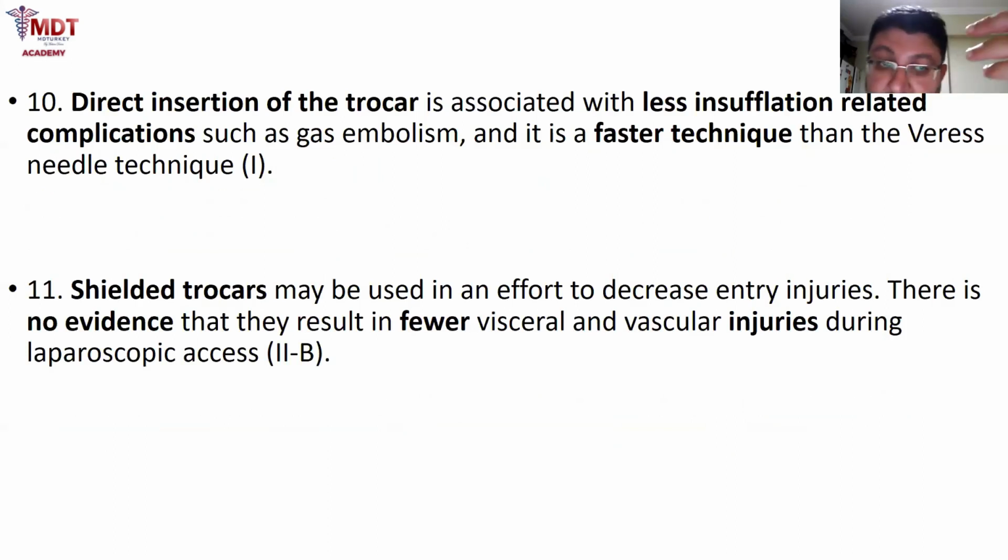And they also recommend that direct insertion of trocar is associated with fewer insufflation-related complications, and of course, it's a faster technique than the Veress needle technique. Also, shielded trocars, I have never used, but I have seen. They recommend that there is no evidence for fewer visceral and vascular injuries during laparoscopic access by shielded trocars.